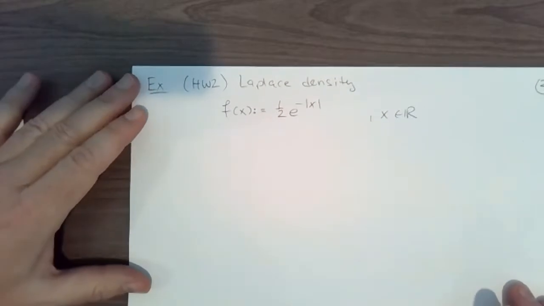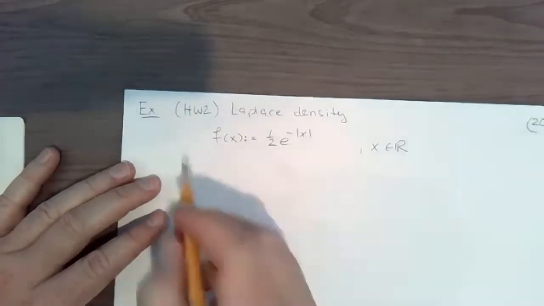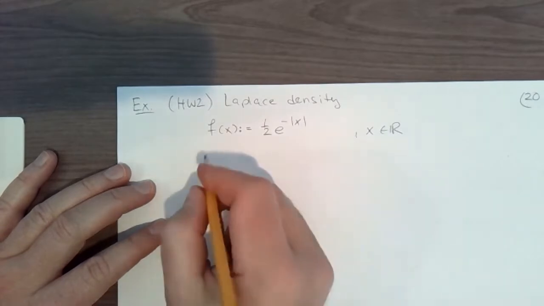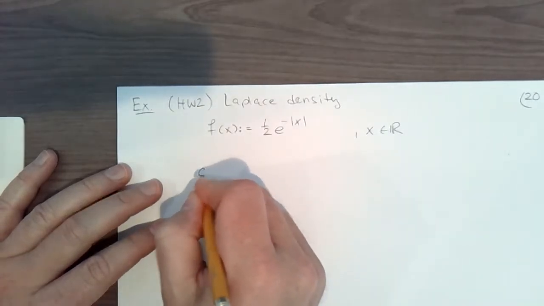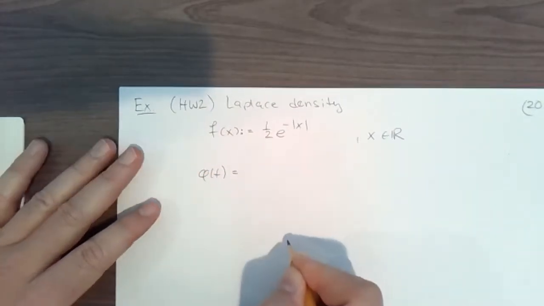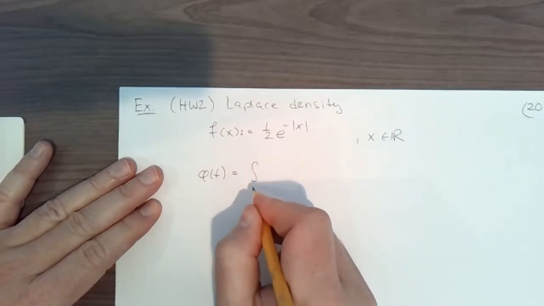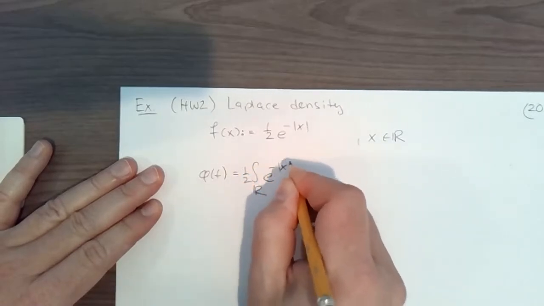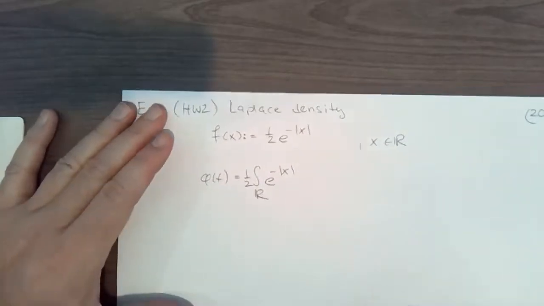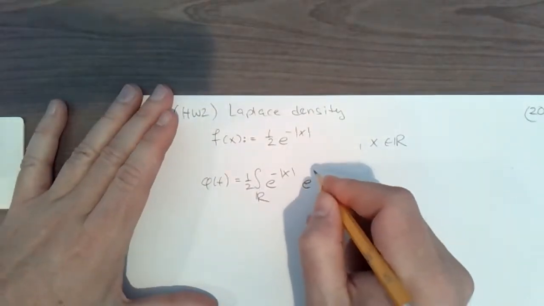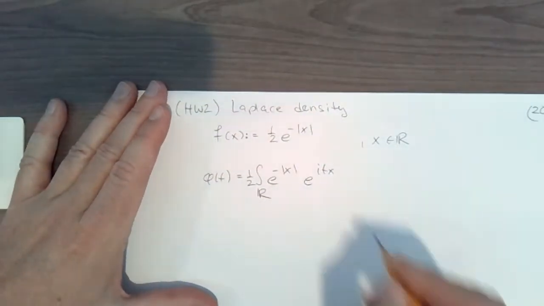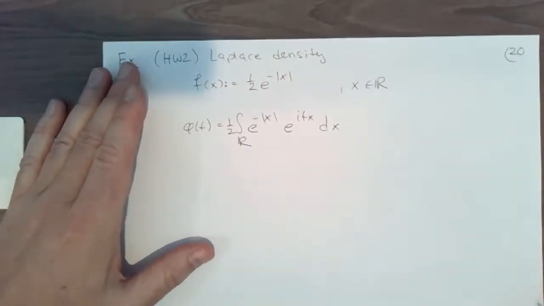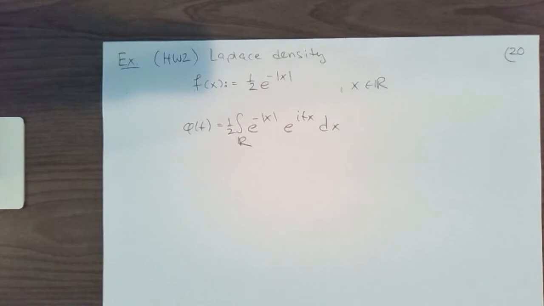So the first order of business is to compute f's characteristic function. So let's compute phi of t, the integral over R of 1/2 e to the minus absolute value of x e to the itx dx. That's the characteristic function corresponding to this density.